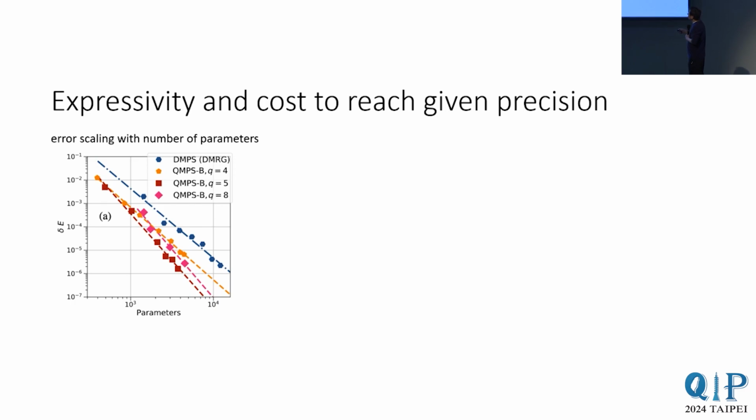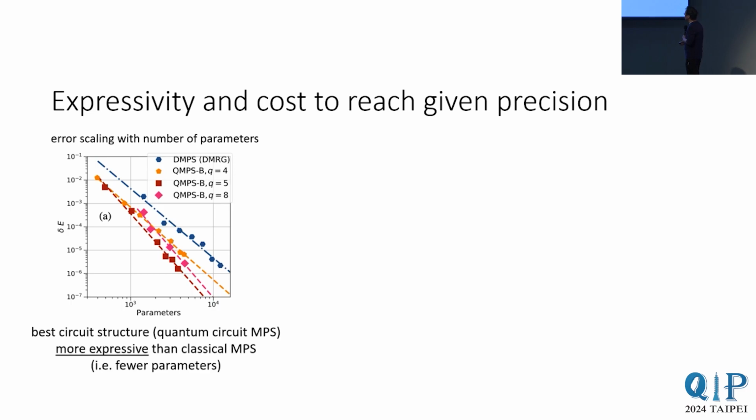You see that this blue curve is above these red and orange curves. This is saying that the quantum descriptions are in fact a little bit more concise, so you need fewer parameters to reach the same precision. If you choose the best quantum circuits out of the ones that we studied, they are a bit more expressive than classical MPS. Not by a huge amount, but a little bit more expressive.